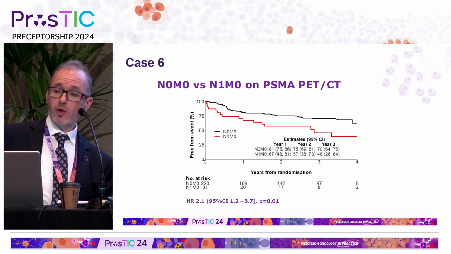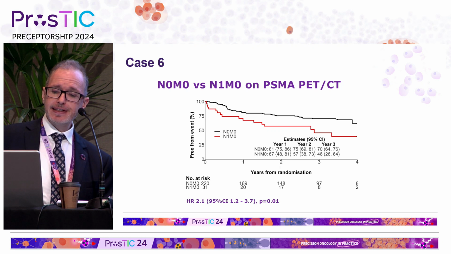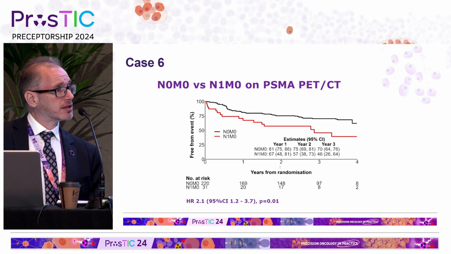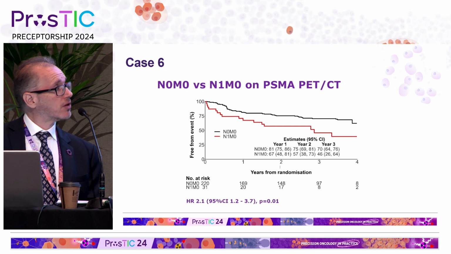So that's quite a big difference at 3 years. Hazard ratio 2.1. This is one of the great things about doing clinical trials, is we can continue to follow up this group of 300 men and see what happens to them longer term. Undoubtedly we'll continue to follow them up and see what happens even longer.